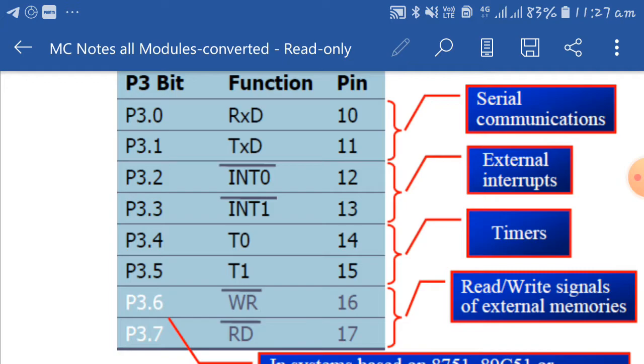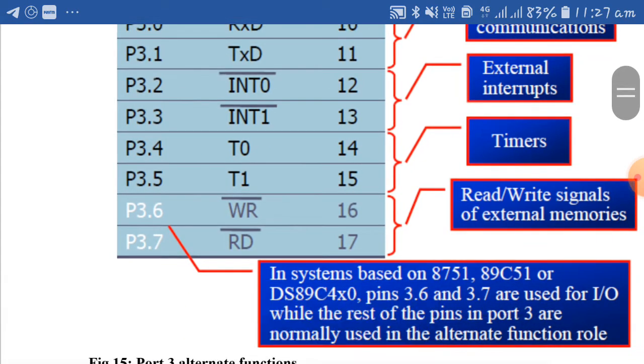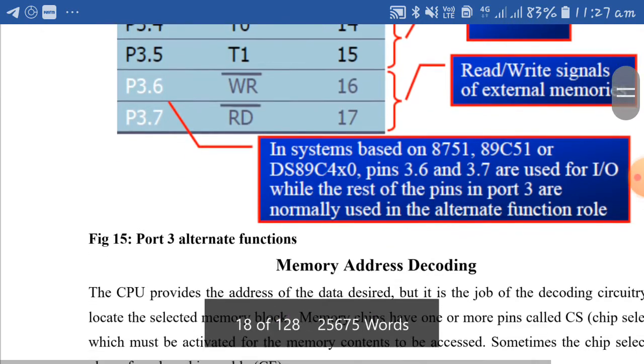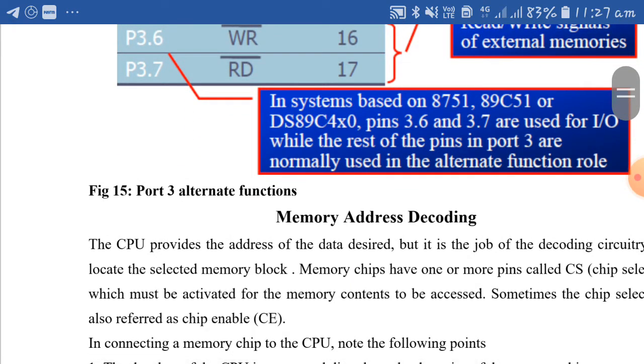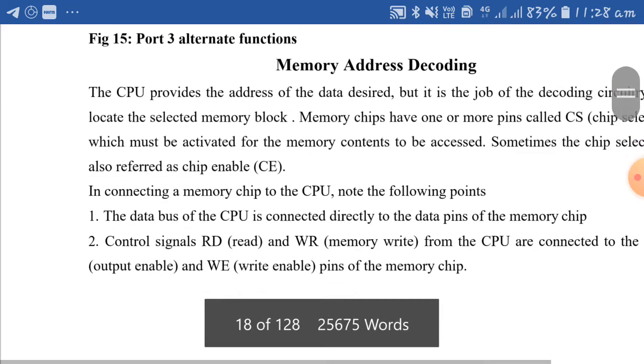P3.4 and P3.5 are T0 and T1, pins 14 and 15, used for timers. And P3.6 and P3.7 are write and read, active low, pins 16 and 17, used for the write and read signals for external memories. So you can use these pins normally for their alternate function roles.